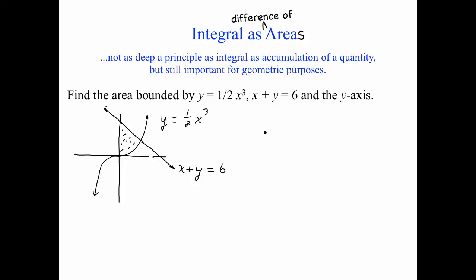So again, we want to look at the area of a typical strip. So what does that look like? We're thinking about rectangles, but narrow rectangles, skinny rectangles, okay? So like this.